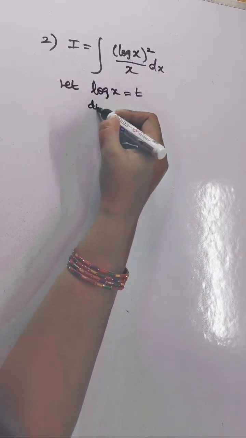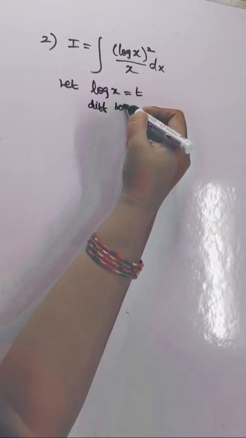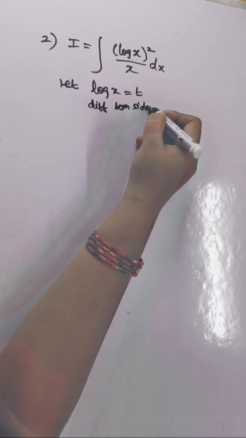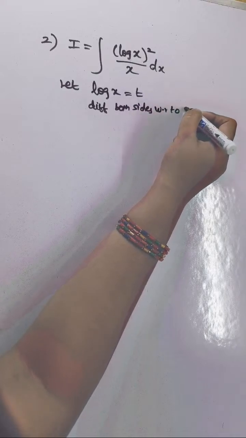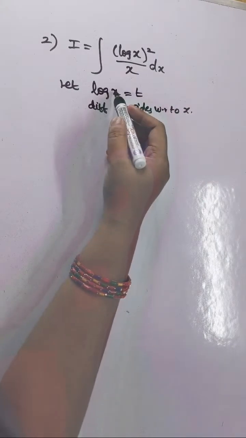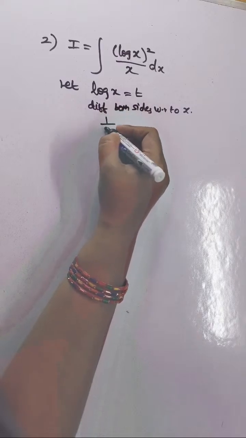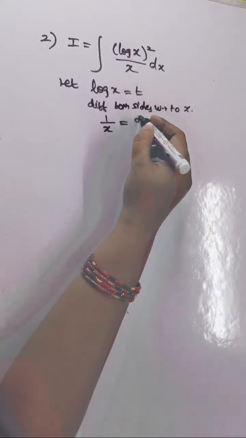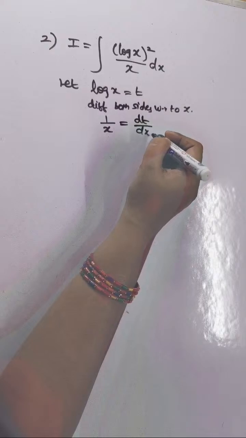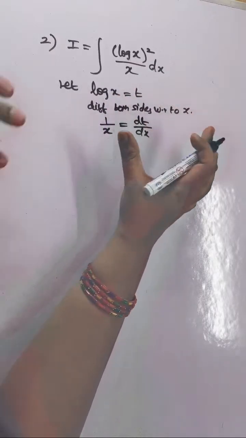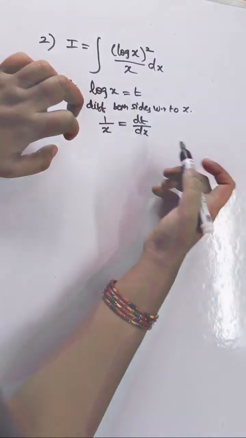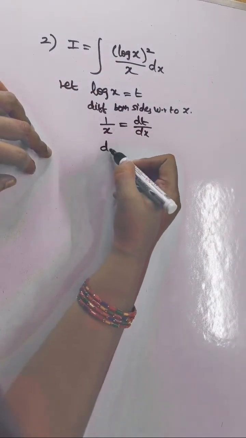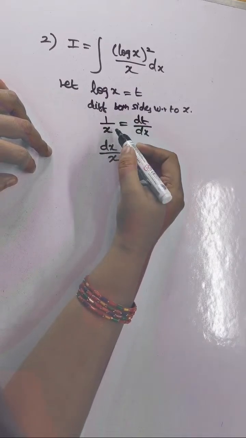Now differentiate both sides with respect to x. So what do we get? Differentiating log x gives 1 by x, and t gives dt by dx. Now group x and dx on one side, t and dt terms on the other side. So take the denominator dx to the left side, as we already have 1 by x.